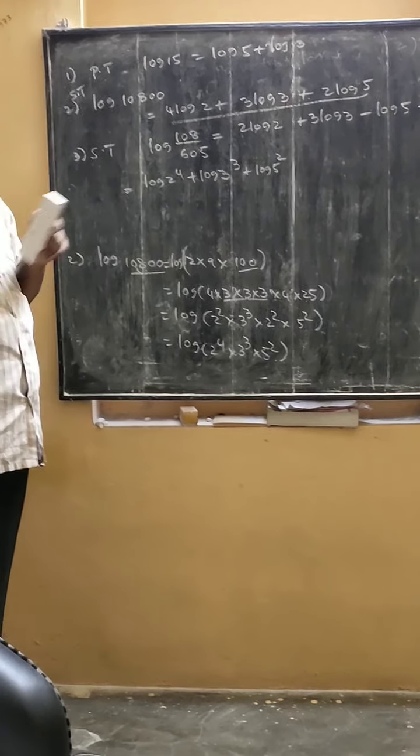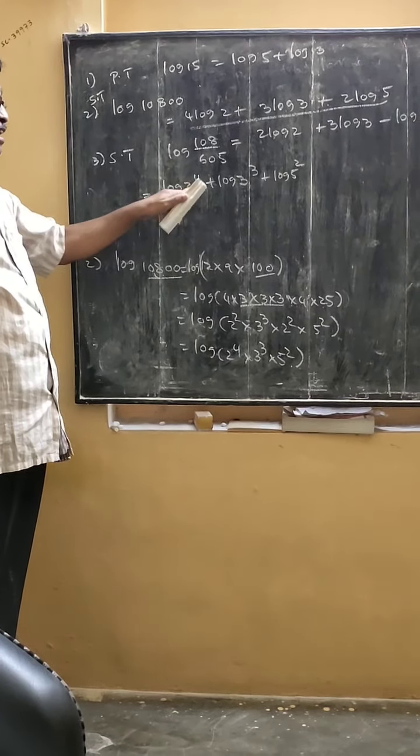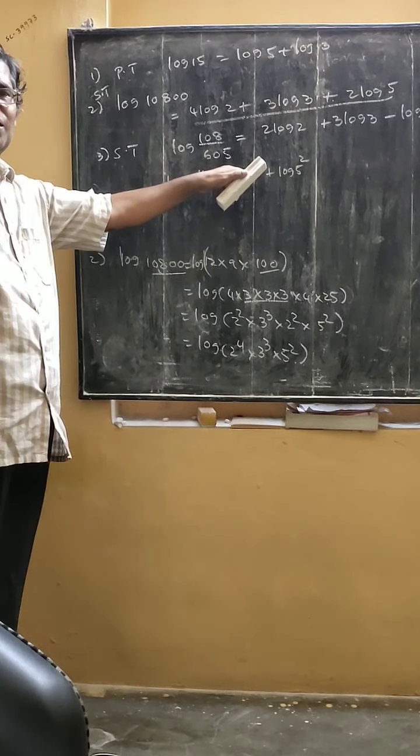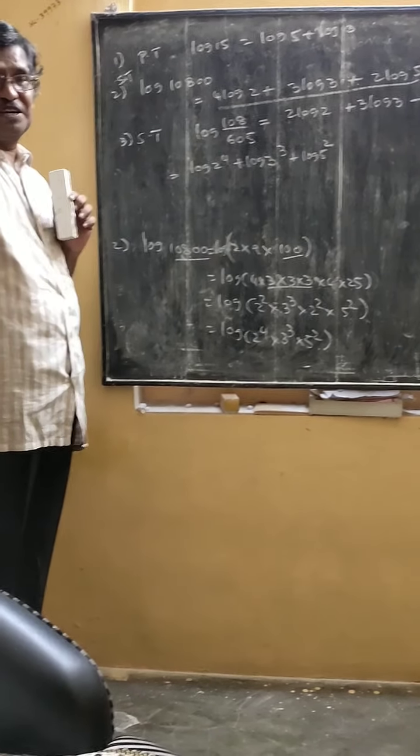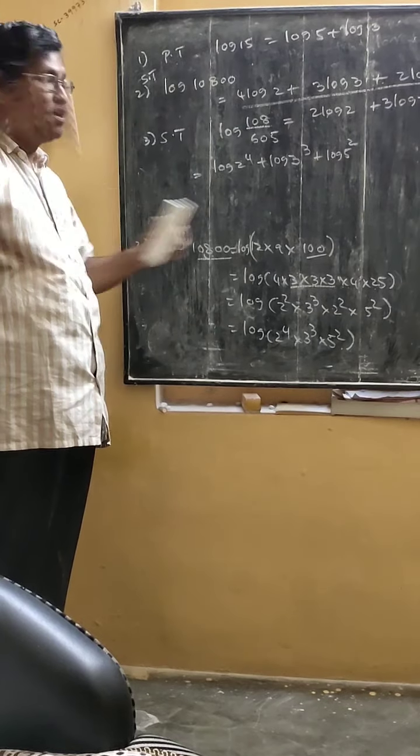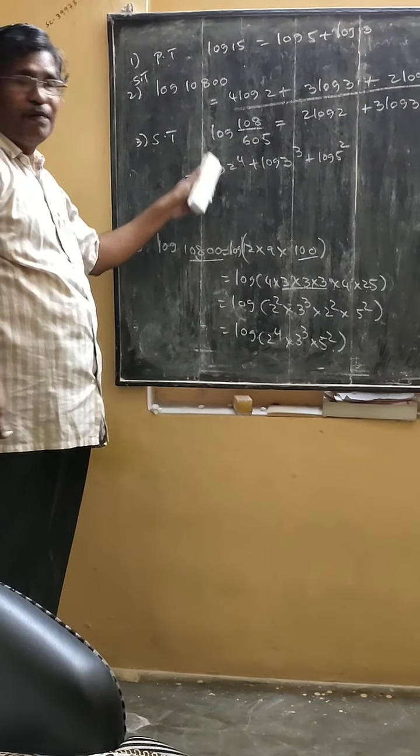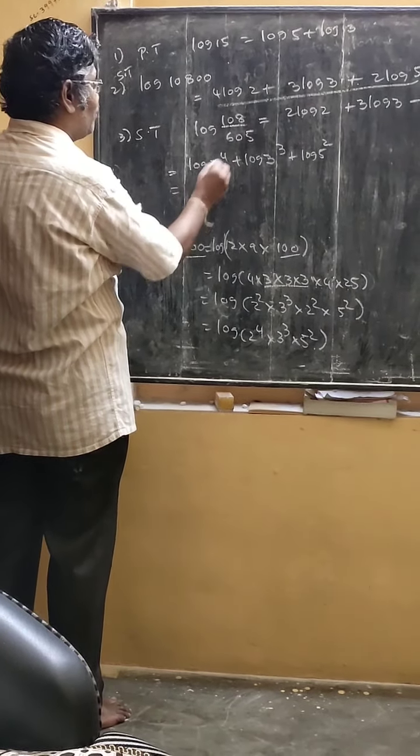But here we have to use another law of logarithm, the logarithm of a power. First, the logarithm of a product is used, and now you are using the logarithm of a power.